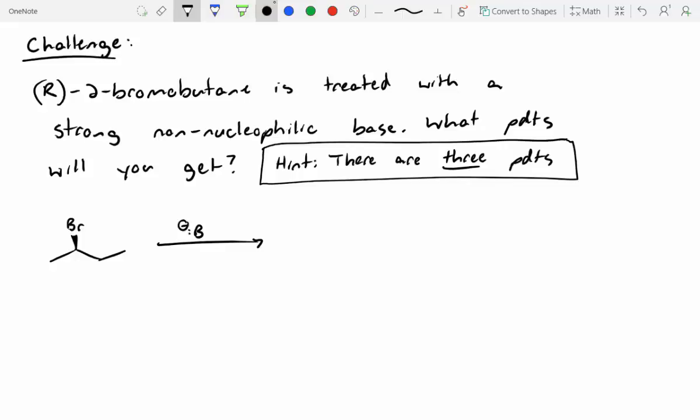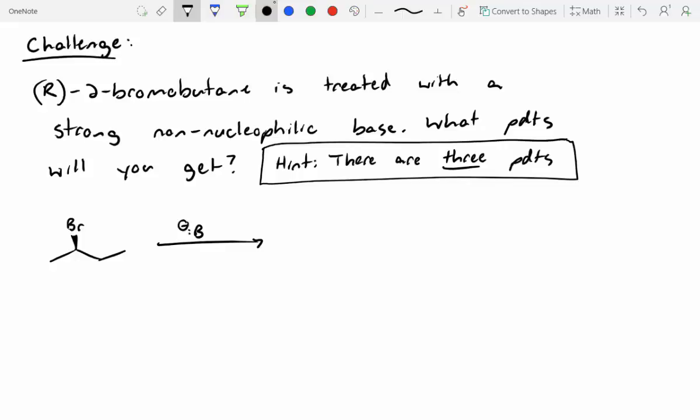There's 2 here, so you can take this one, or you can take this one. I think that'll give you 2 products. These will be the same 2 products. Obviously, this one too. Projections, right? But again, there's 3. I was thinking Newman. I know, those 2, and then there's another beta carbon.